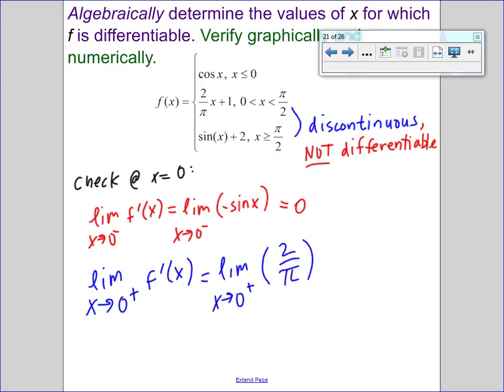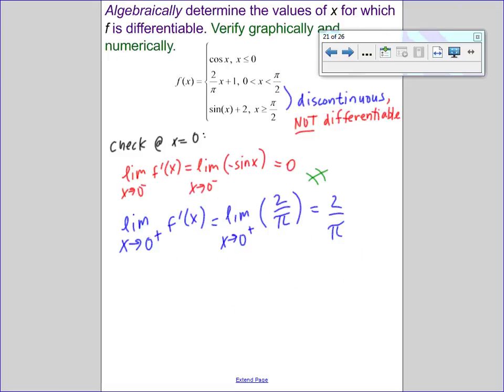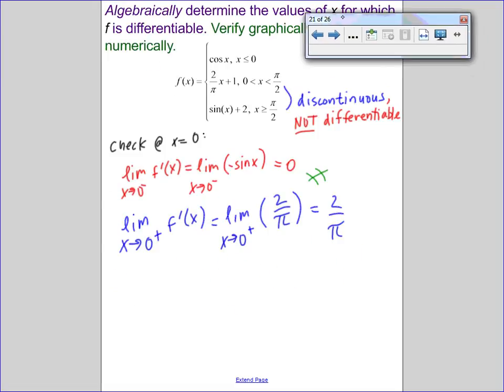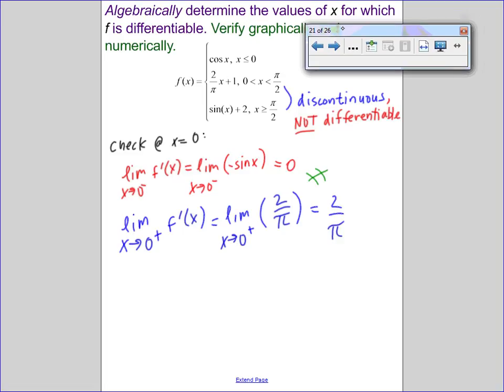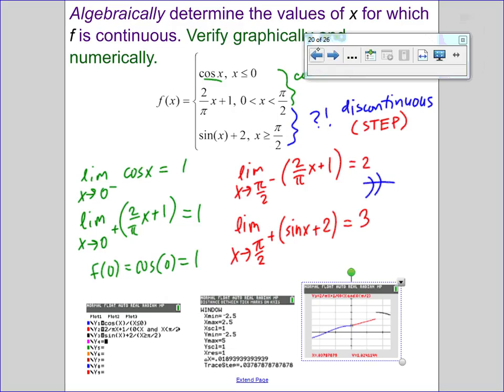And the limit of a constant is the constant. What have we found? Left-hand slope does not match the right-hand slope. Therefore, f is not differentiable, even though we were continuous.